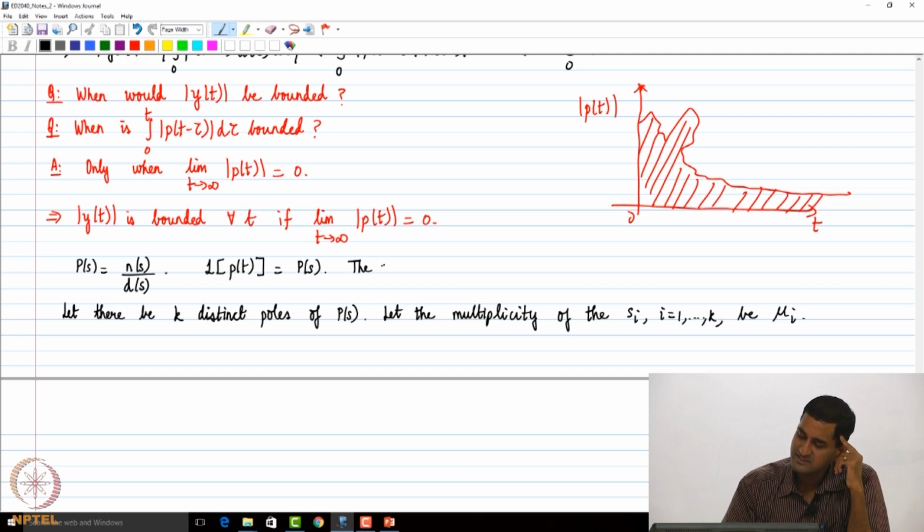The order of the system is anyway n. That is a general notation we are following anyway. The order of the system is n.